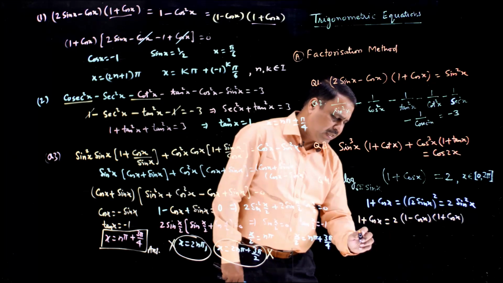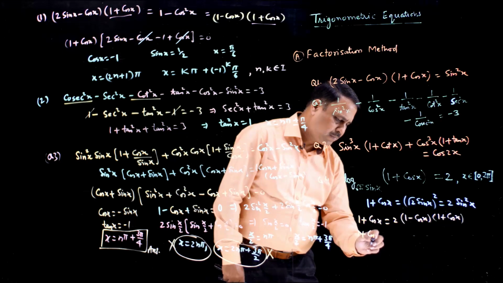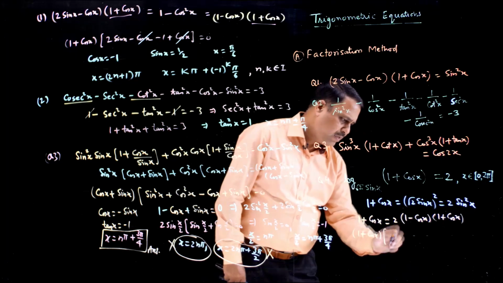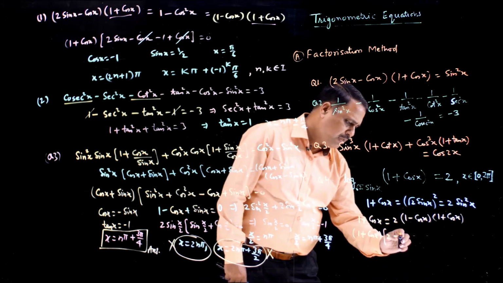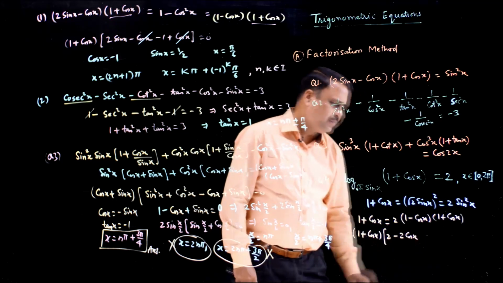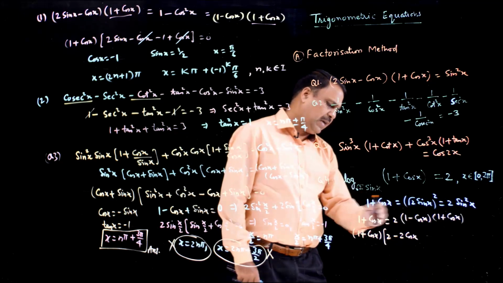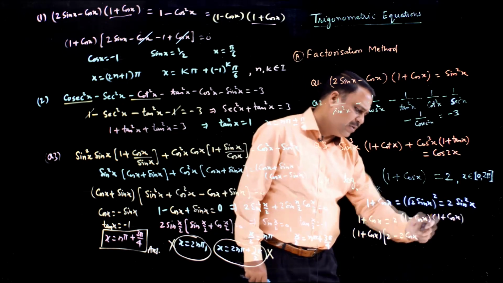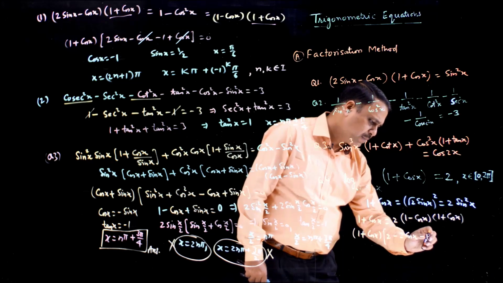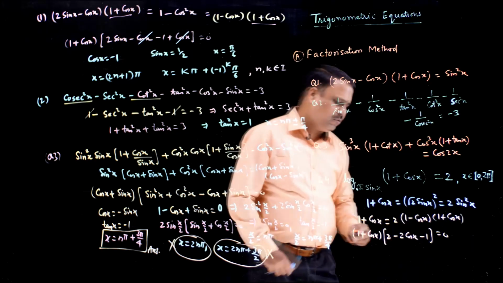Now take 1 plus cos x common. So 1 plus cos x common. What is left? 2 minus 2 cos x, and this term will go this side. I am transferring all this term this side, minus 1 is equal to 0.